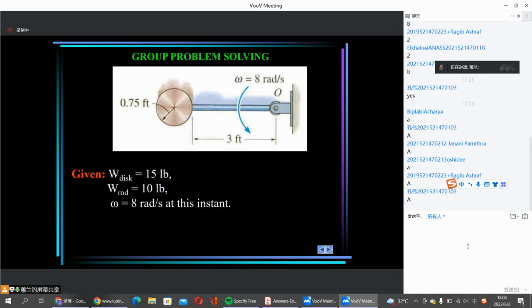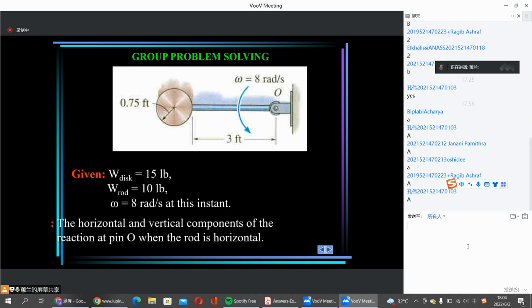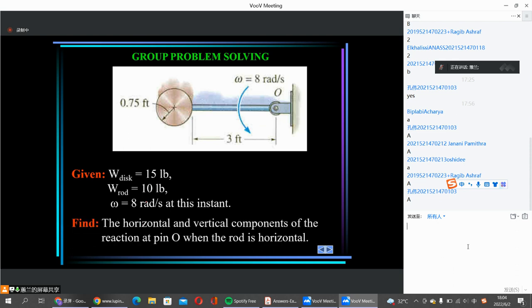So now it's time for you. The weight of the disk is given, the rod is given, and omega equals 8 meters per second. We need to find the horizontal and vertical components of the reaction at pin O when the rod is horizontal.